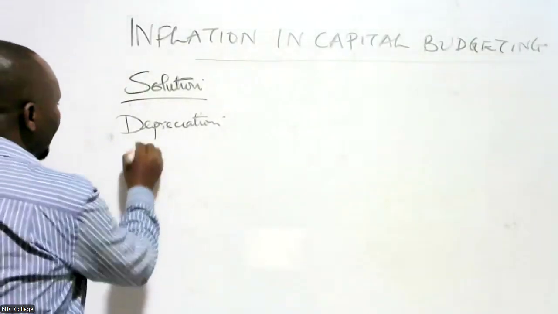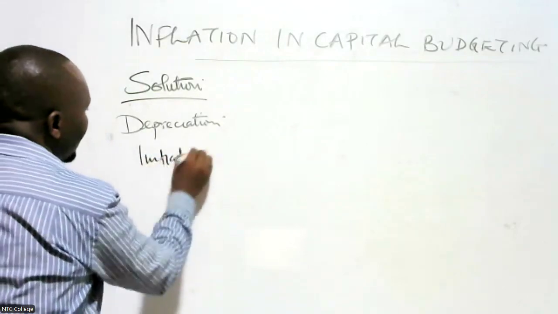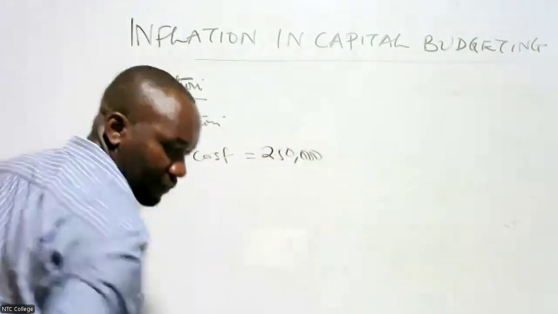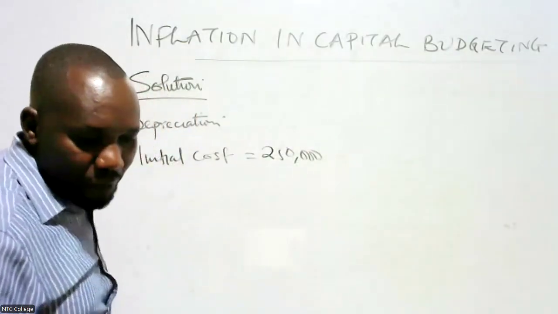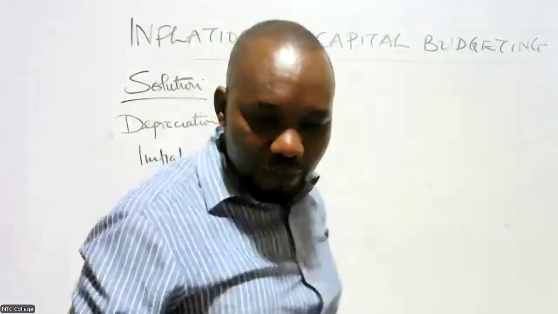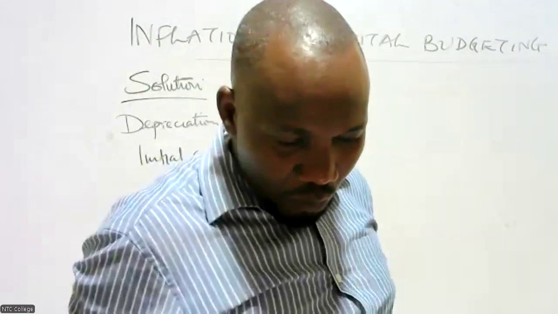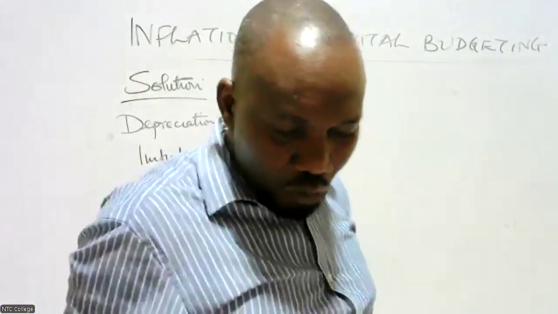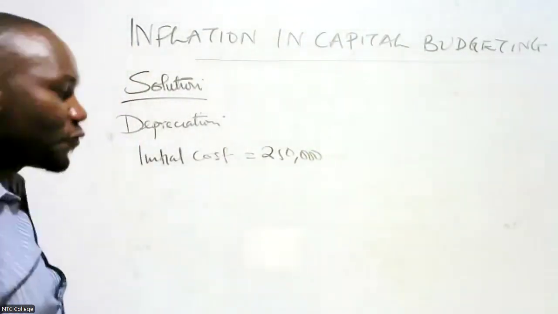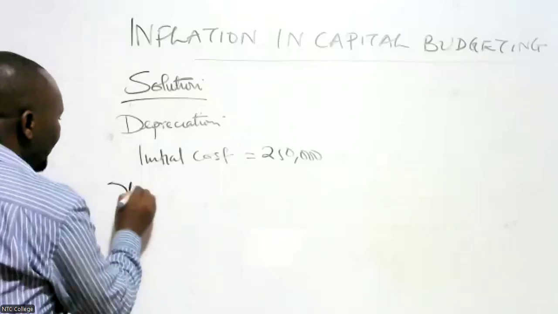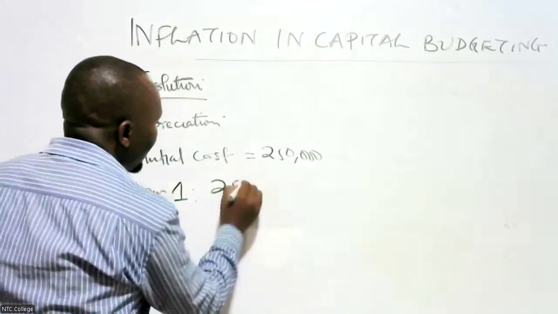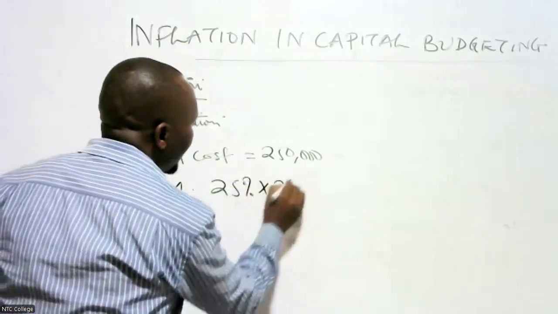Initial cost is 250, right? So that means that if you are charging this on reducing balance, we are charging it on the initial cost. So we shall have 25% of 250. So year one, 25% of 250.